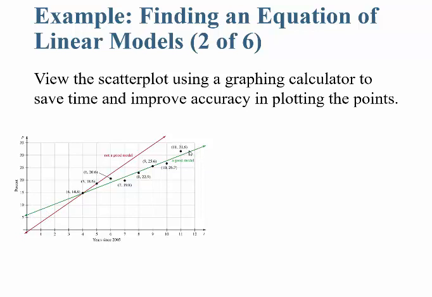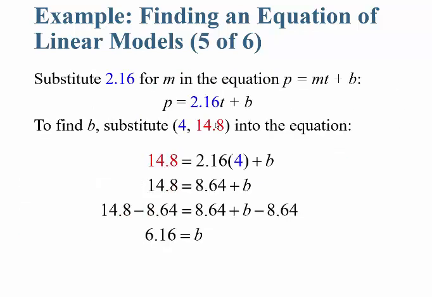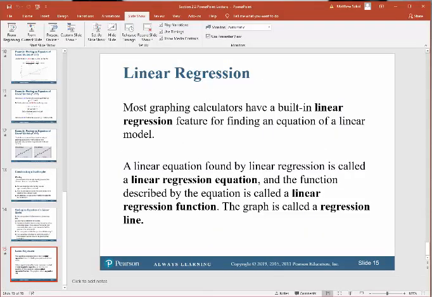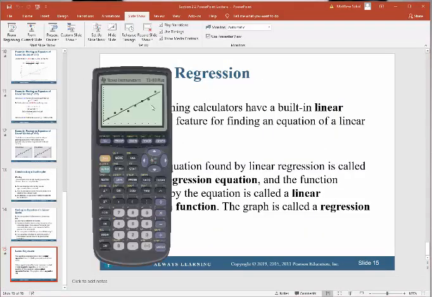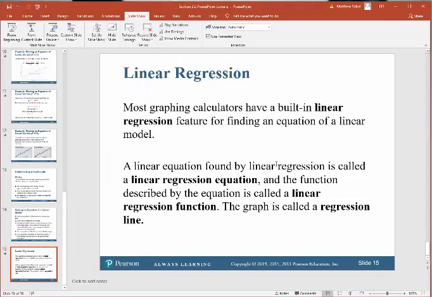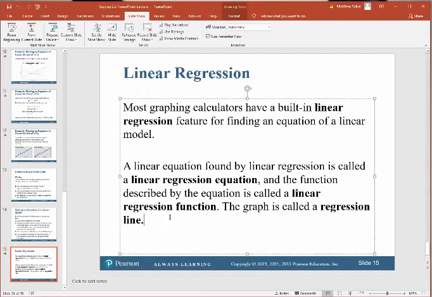Is there a better model or a best model that fits the data? Yes, there is, and your graphing calculator will do this for you. So looking back at this line right here, this is called the regression line. What is the regression?